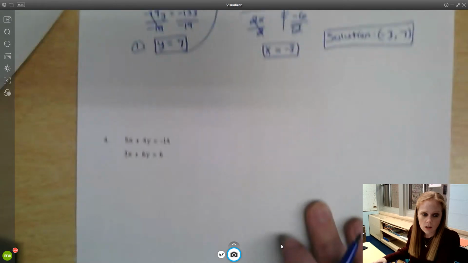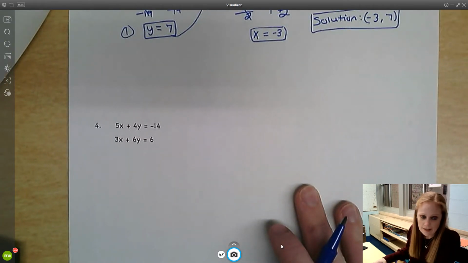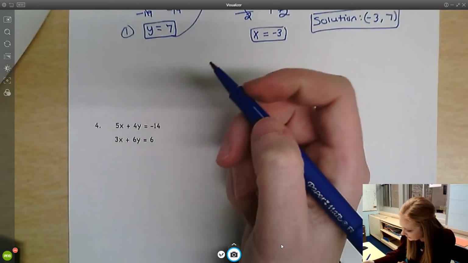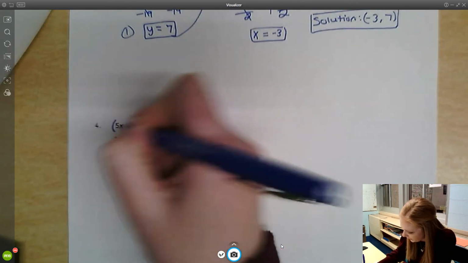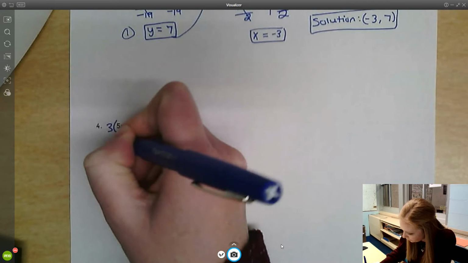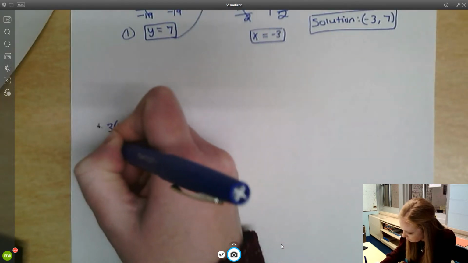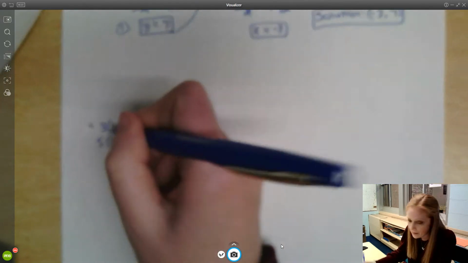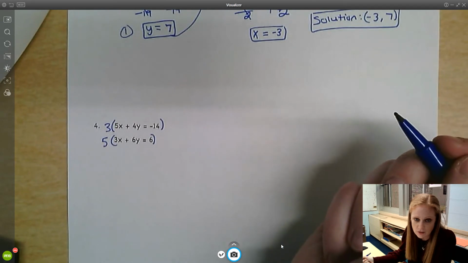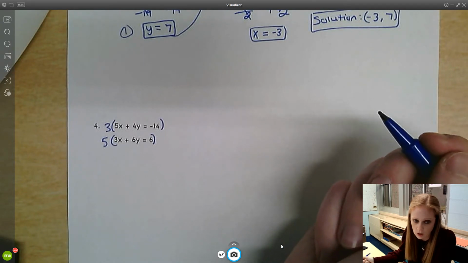Number 4, we don't have additive inverses, so we need to create them. Let's see. We can multiply everything in the first equation by the 3 we see down here, and we can multiply everything in the second equation by the 5 we see up there. That would give us 15x and 15x. Those are not going to eliminate.